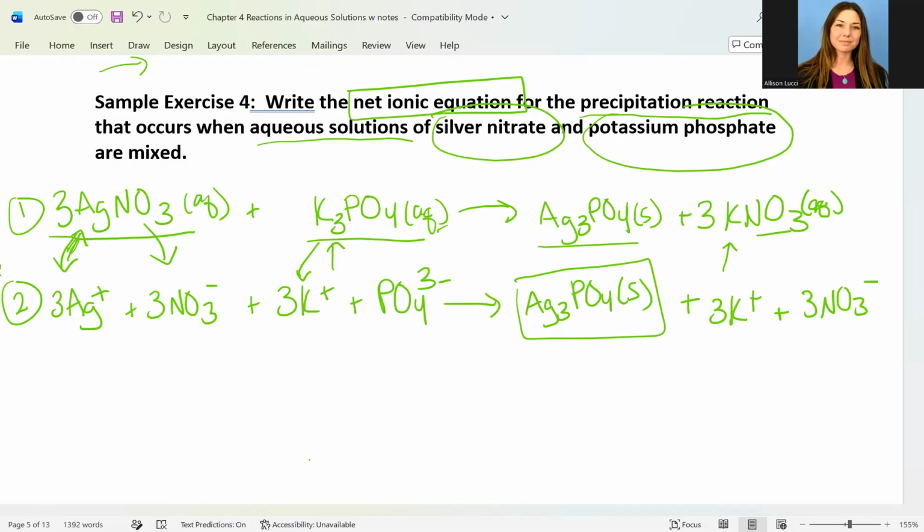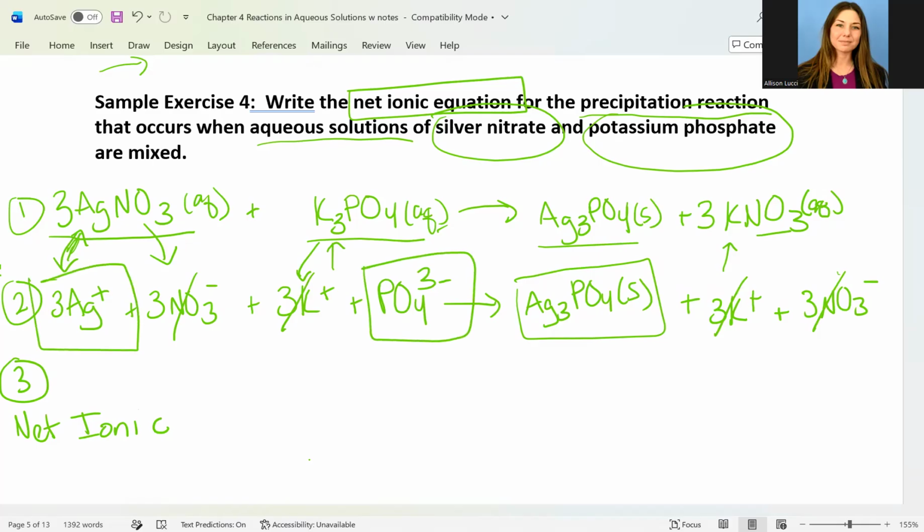So now in step 3 here, we're going to write what's called the net ionic equation. We're finally here, and we're told to cancel out any of those spectator ions. So nitrate is in the same form, 3 NO3-, on both sides, aqueous. We also have 3 K+ on each side. So what I'm left with to write in my net ionic equation will be the 3 Ag+.